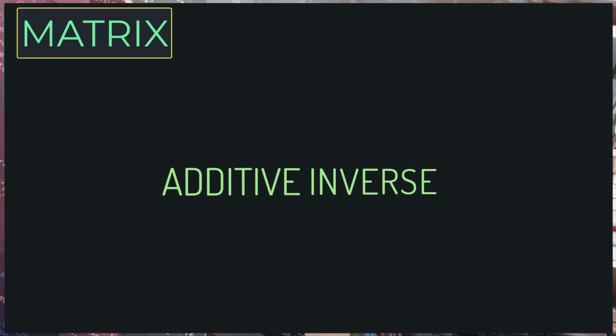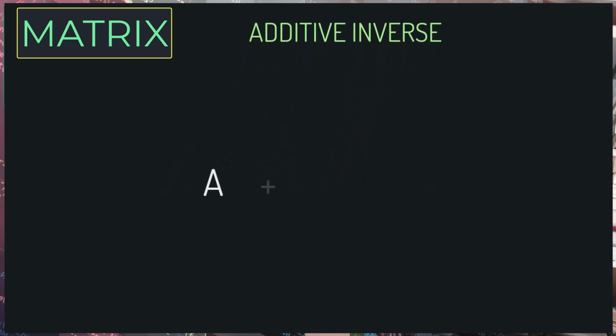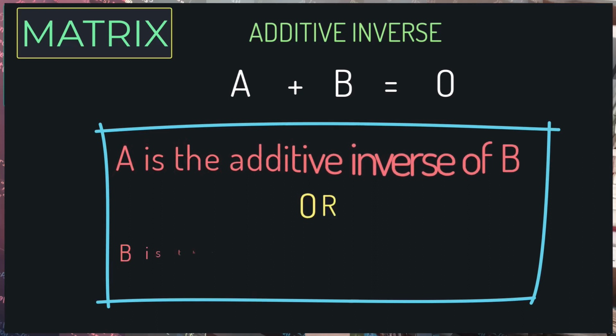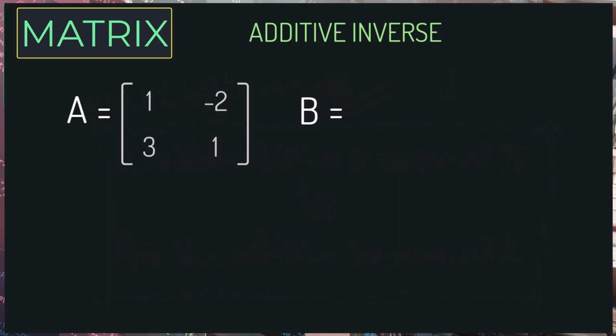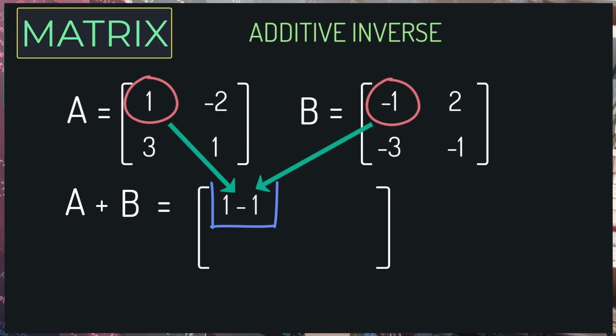Additive inverse. Suppose we add two matrices A and B and we get a null matrix as the result. In that case, we say that A is the additive inverse of B, and B is said to be the additive inverse of A. Let these matrices be A 1 minus 2 3 1 and B minus 1 2 minus 3 minus 1.